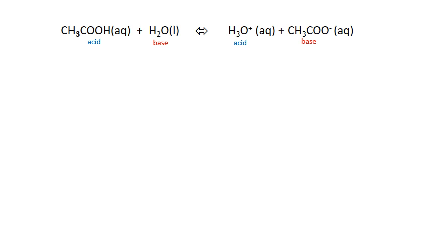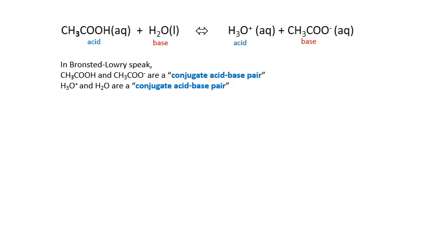So you have within the one equation two pairs that are called conjugate acid-base pairs. CH3COOH and CH3COO- are a conjugate acid-base pair. And you can tell they just differ by one proton, right? You take the acid and pluck H+ off of it, you get the base of the pair. And likewise, H3O+ and H2O are a conjugate acid-base pair also.